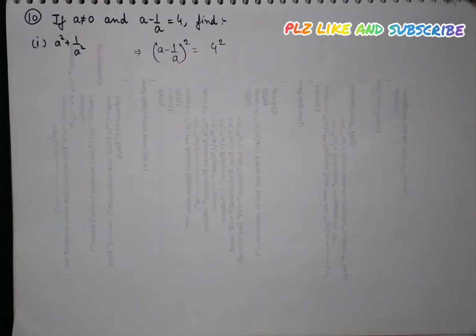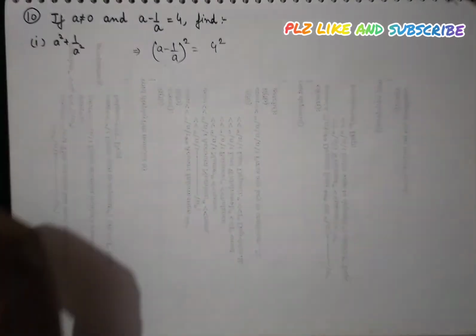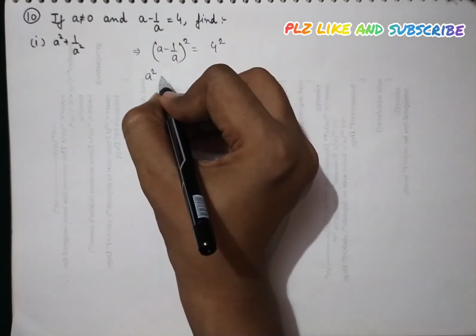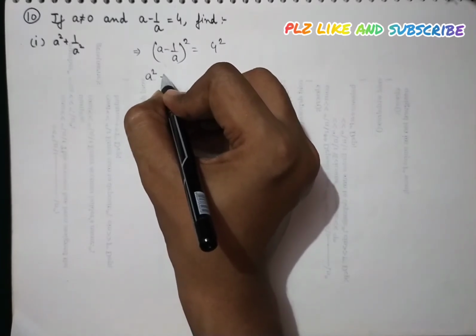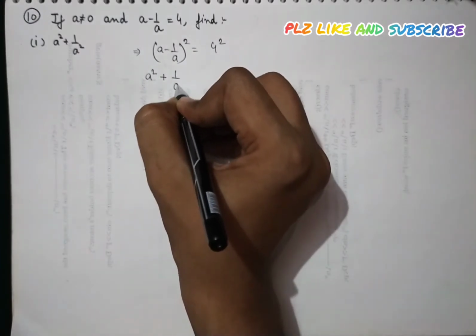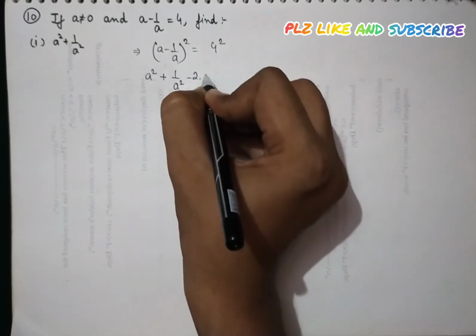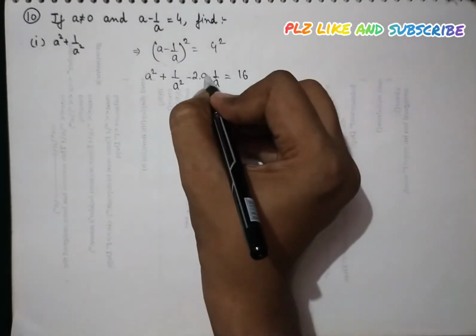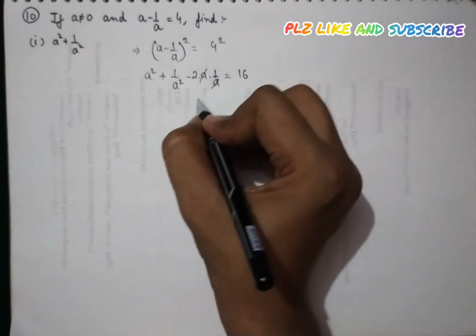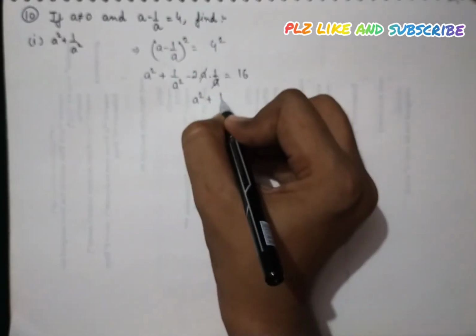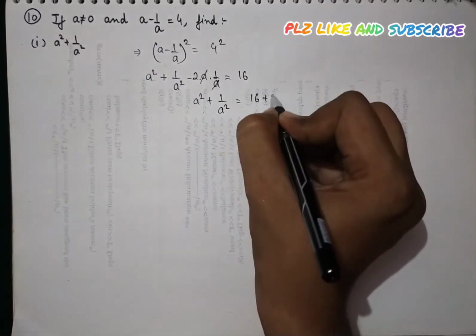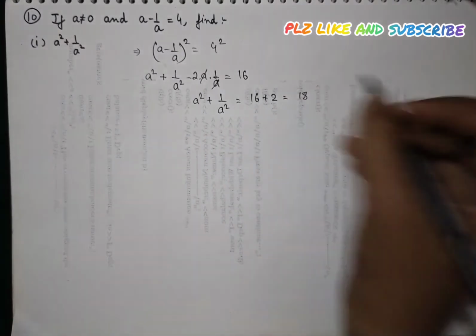And now we can use the identity a minus b to the whole square, and that is a square plus 1 upon a square minus 2 into a into 1 upon a equals 16. We can cancel out these two, and it will be a square plus 1 upon a square equals 16 plus 2 equals 18.